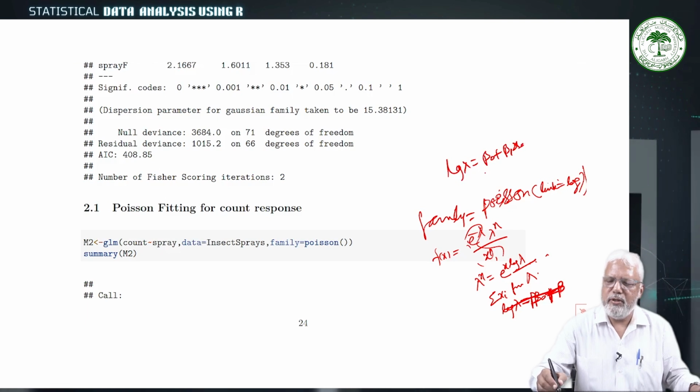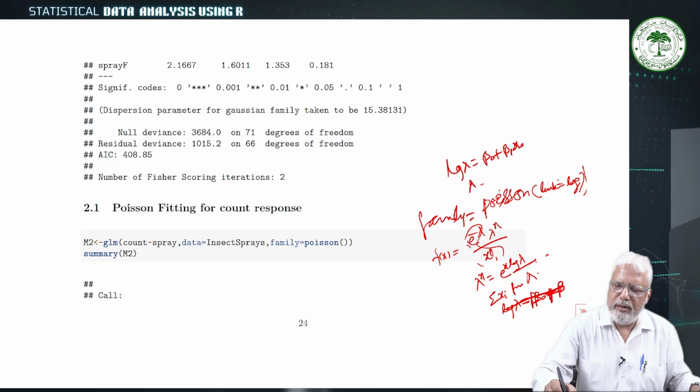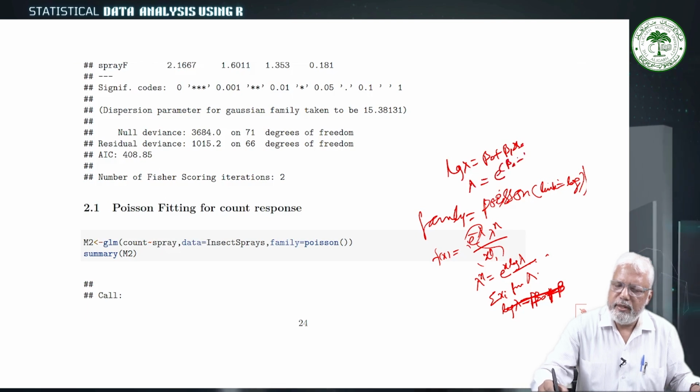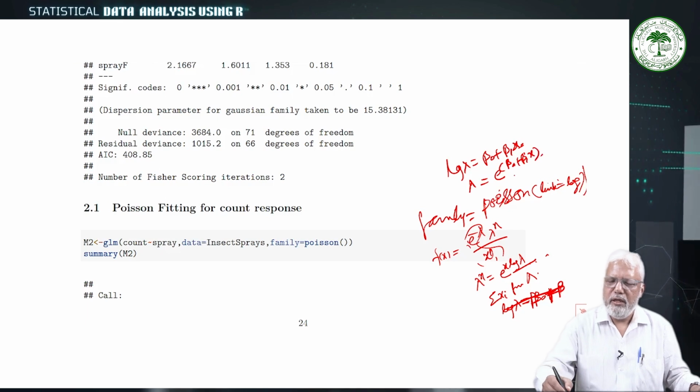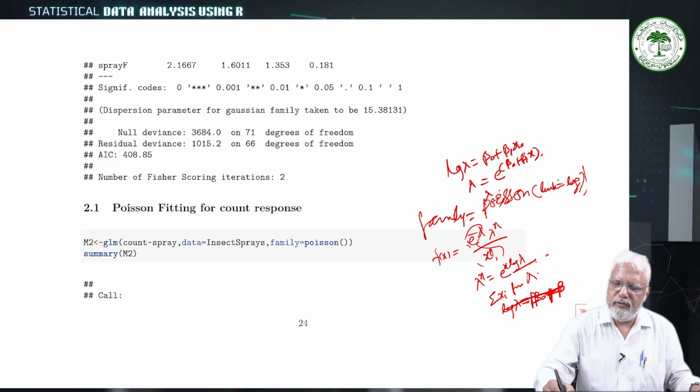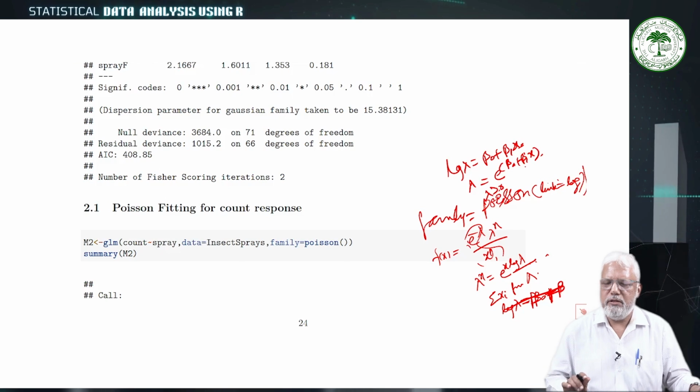So this is the logarithmic link function, and this means lambda is equal to e raised to the power beta naught plus beta 1 x. That way the restriction of lambda greater than 0 is satisfied.